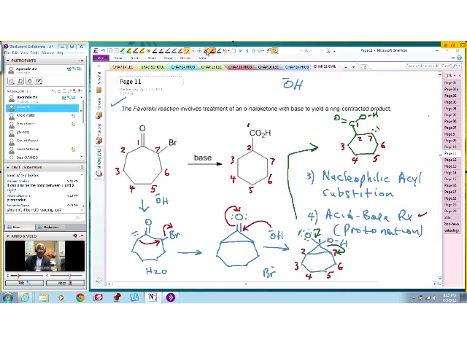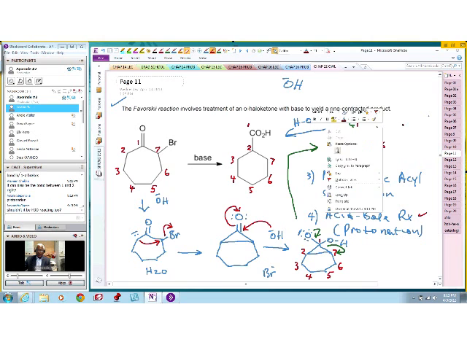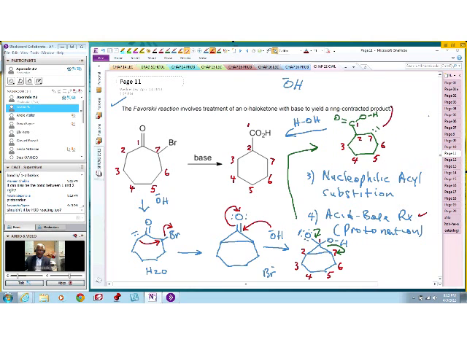So at this point, the last step here is protonation, in which this anion here will come in and grab a proton from here, and then we are going to regenerate the hydroxide.